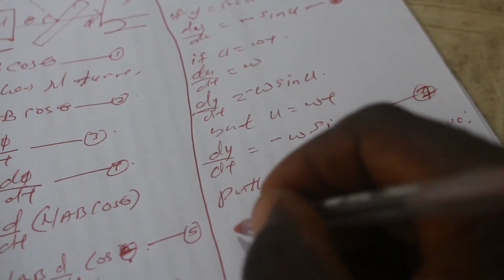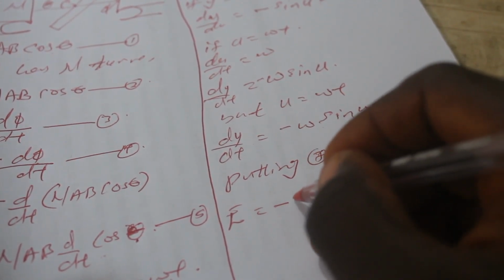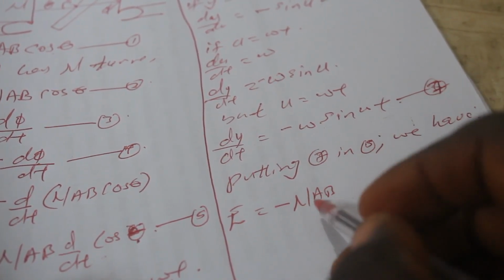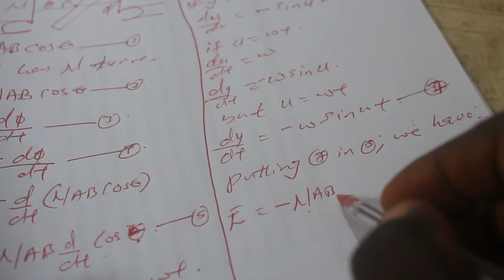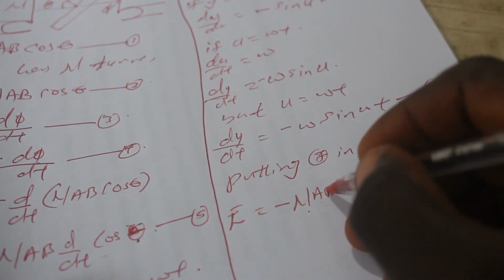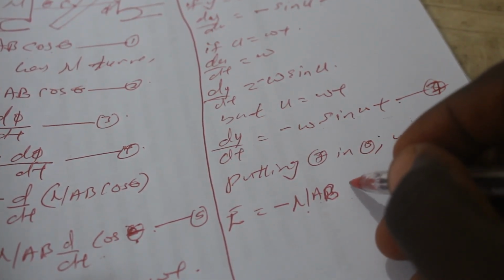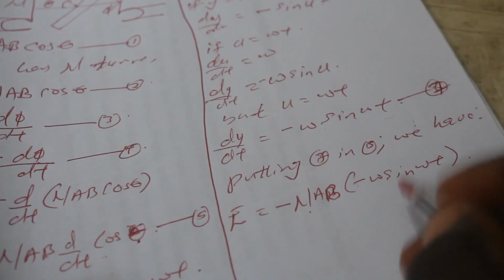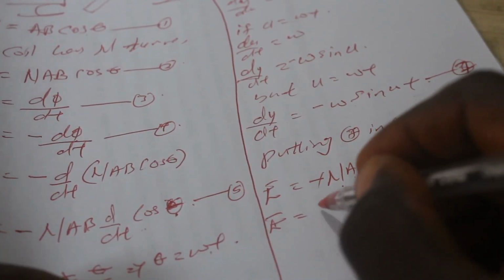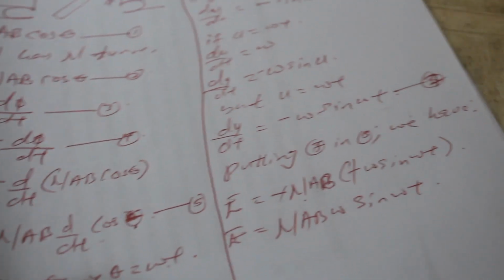So we have E, which is the induced EMF, equal to minus NAB, where N is the number of turns, A is the area of the coil, and B is the magnetic field strength or magnetic field intensity, multiplied by minus omega sine omega t. Now the minus, when you multiply them, goes away. So we have E is equal to NAB omega sine omega t.